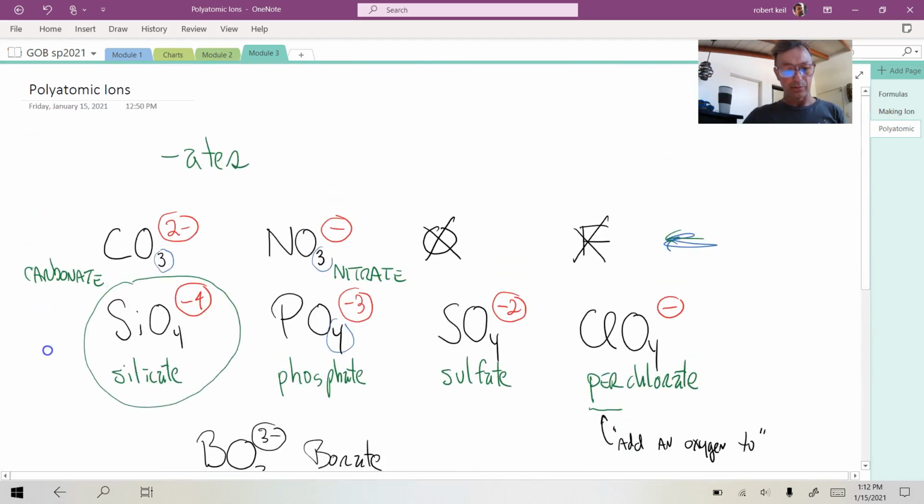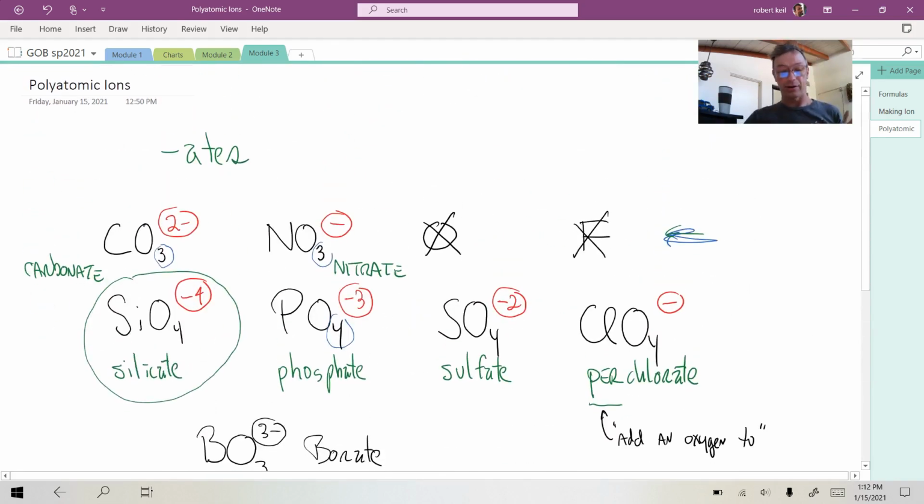Nitrite, phosphite, sulfite, very common things. And by the way, the word ate actually has a meaning. It's the element with oxygens, with the most common number of oxygens, in its most common charge.